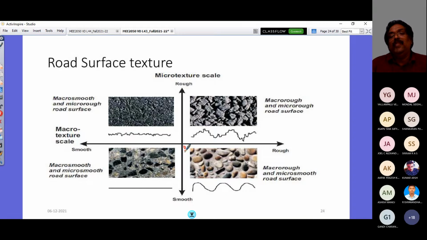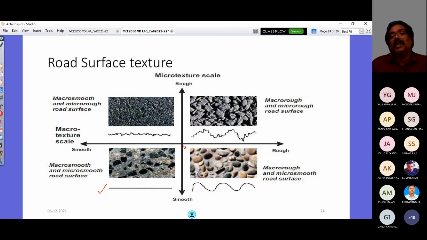In a similar way, if you come to the positive right side, your roughness increases. So the positive quadrant represents more roughness. On the other hand, if you go to the third quadrant, it is the smoothness. So the third quadrant road surface is the perfect flat surface. There is no undulation at all. Whereas on the other hand, you see the undulation is more in this first quadrant.